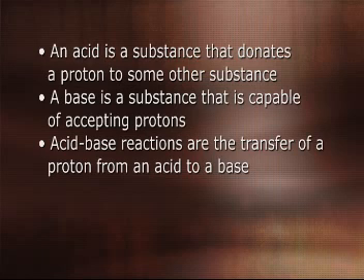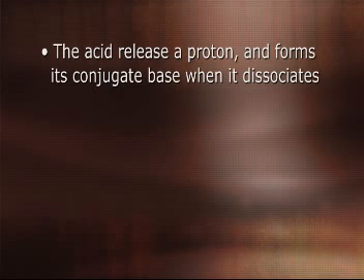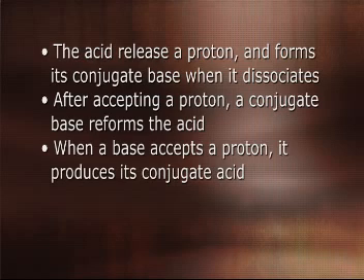Acid-base reactions are the transfer of a proton from an acid to a base. The acid releases a proton and forms its conjugate base when it dissociates. After accepting a proton, a conjugate base reforms the acid. When a base accepts a proton, it produces its conjugate acid.